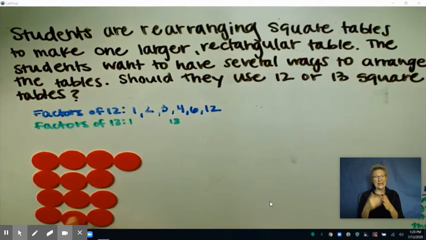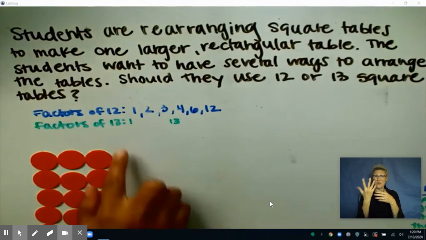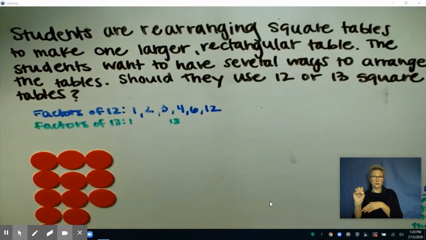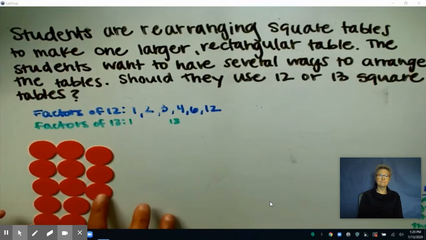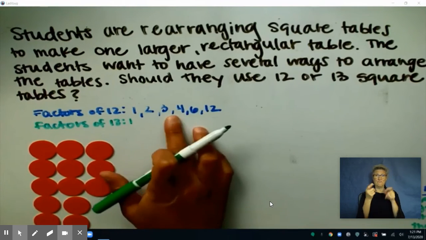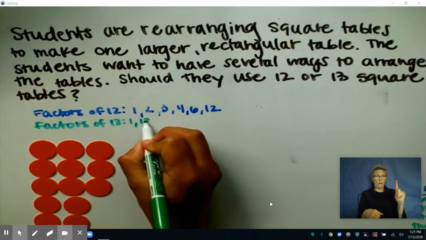Again, I've got this extra desk that's not fitting into my rectangular shape. I know 5 is not going to work because the number 13 doesn't end in a 0 or a 5. So here's what it looks like if I try with 5 rows. And so I'm finding that the only factors of 13 are 1 and 13.